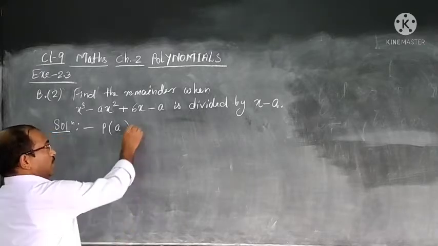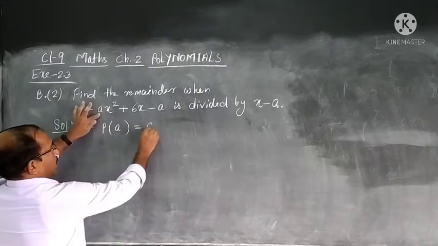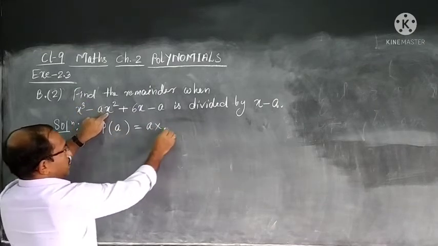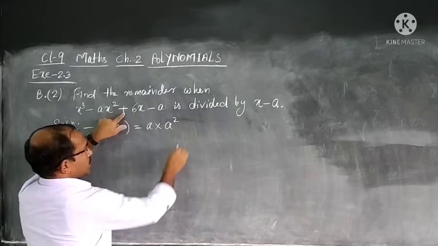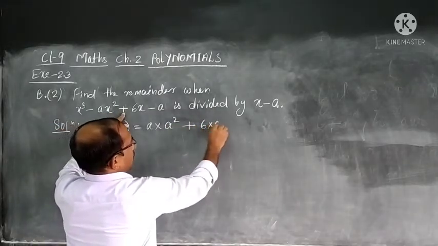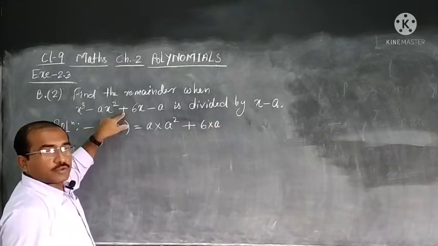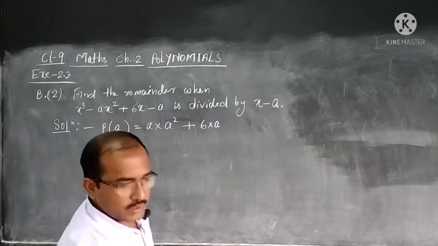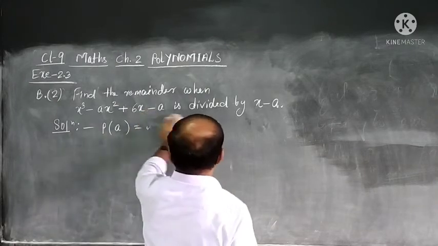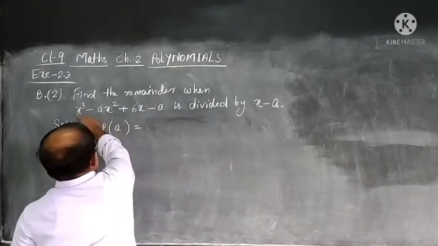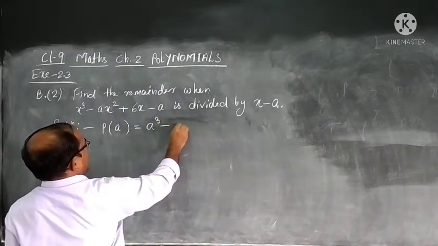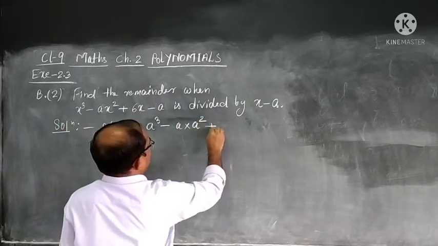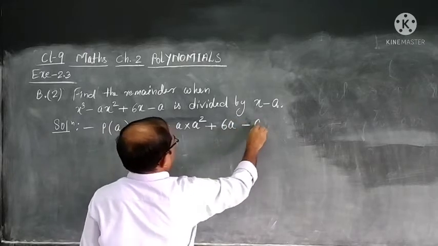So, be a little careful and start. Put the value a in place of x: a square, plus 6x, 6 into a, or directly we can write 6a also. x cube is there at the start, x cube that is a cube, minus a into x square that is a square, plus 6 into a, 6a, minus a.